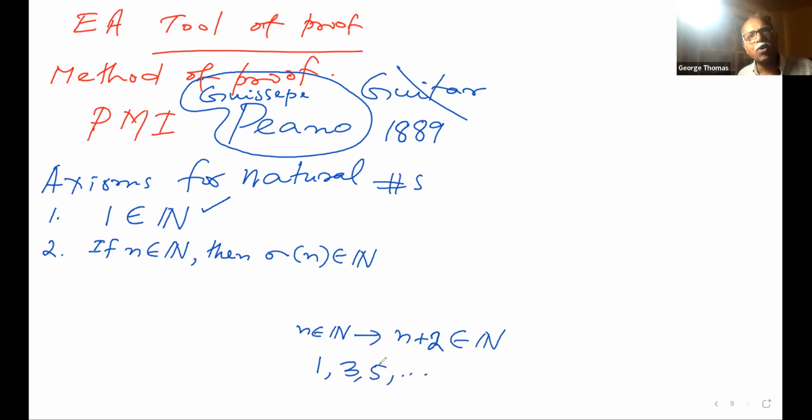It will be missing a whole bunch. So usually when this is presented, mathematicians will write n plus 1. But you don't have to. Sigma of n equals n plus 1 is forced on us.